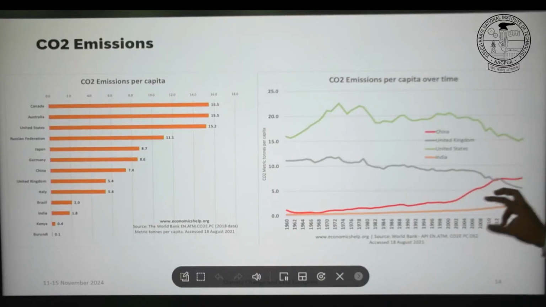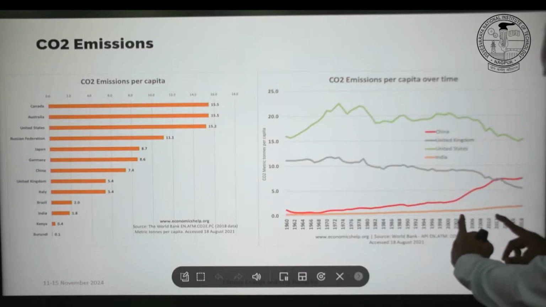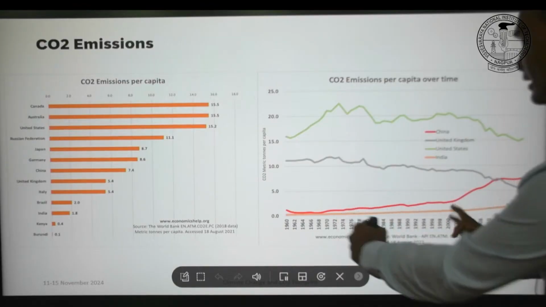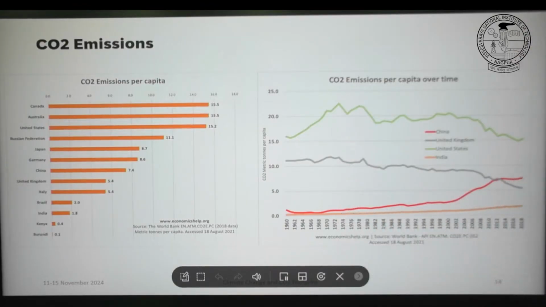If you take this period and this period, their CO2 emissions are similar. So what they did in the last 20 years, the West did in the last 100 years. Unchecked, uncapped, they were allowed to grow. And now suddenly we are on our growth story and people are telling us, please don't release CO2.